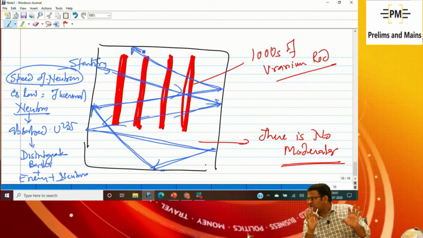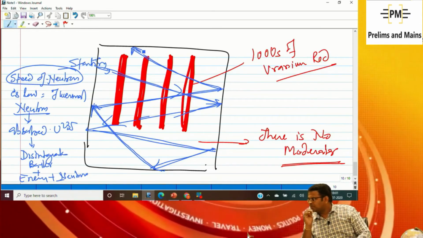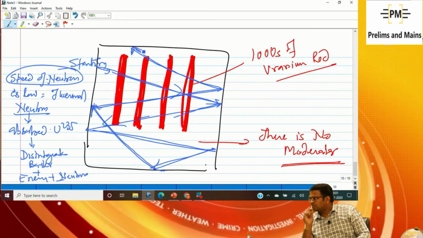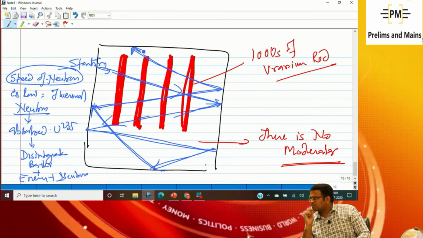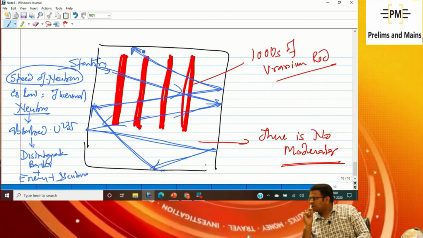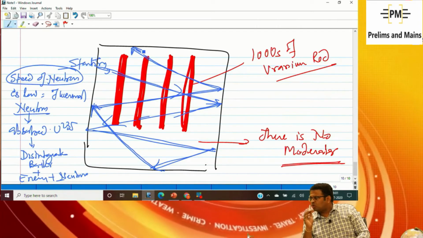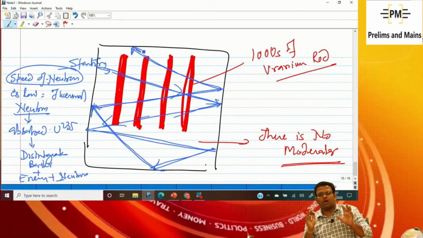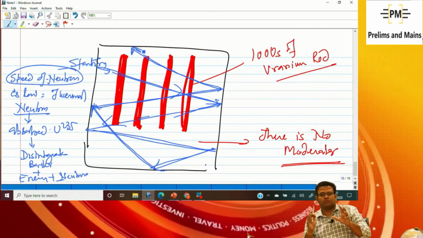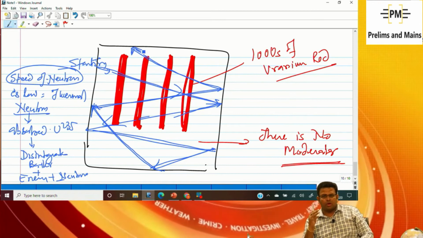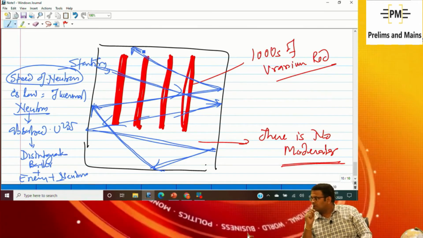There is no coating, nothing extra. What is the controlling rod? The control rod's job is to absorb the neutron, not to reduce the speed of the neutron.